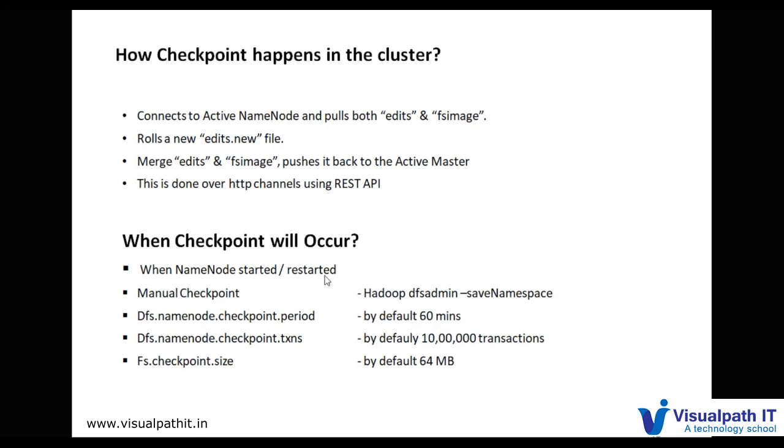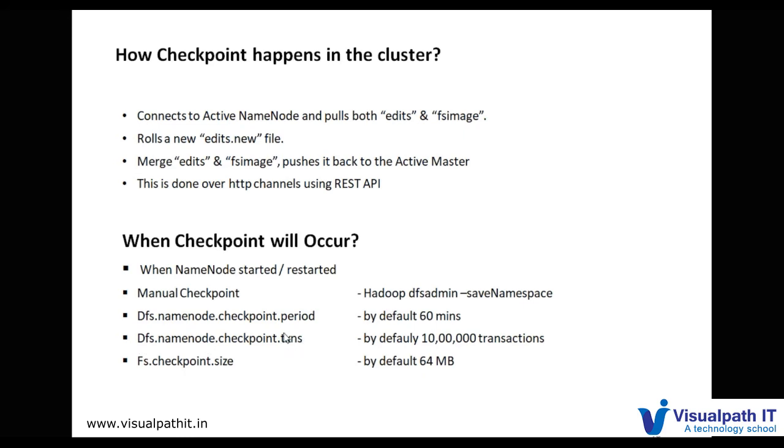And the first one is, for example, when you started or restarted a name node for some reason, automatically checkpointing will happen. And also manual checkpointing: as a Hadoop administrator, we can do it. The command hadoop dfsadmin -saveNamespace is the command where we can do manual checkpointing. And also dfs.namenode.checkpoint.txns.